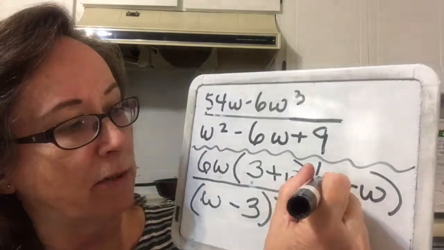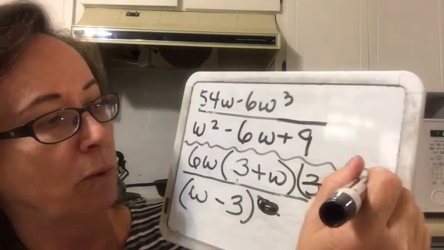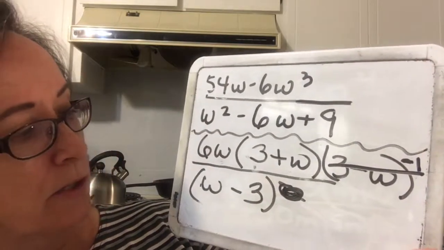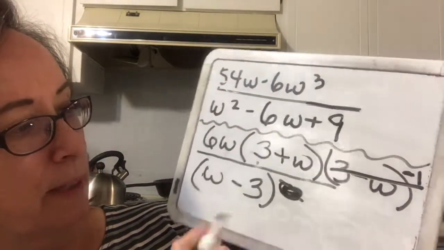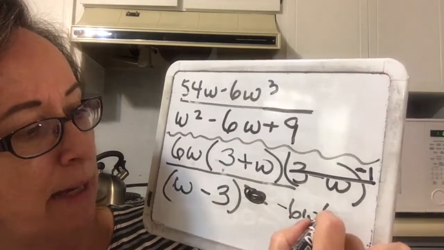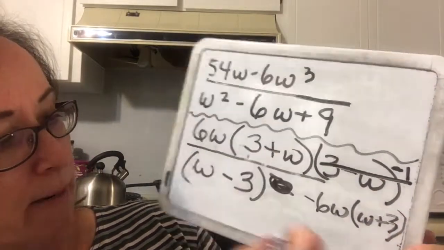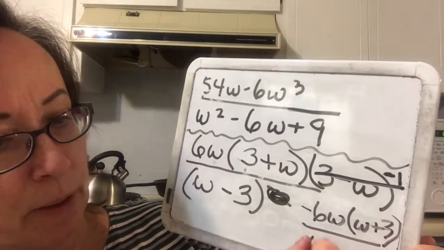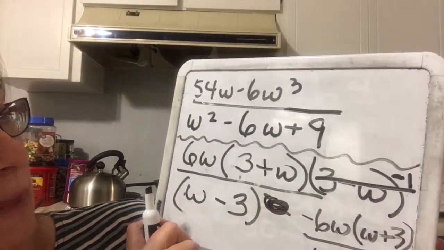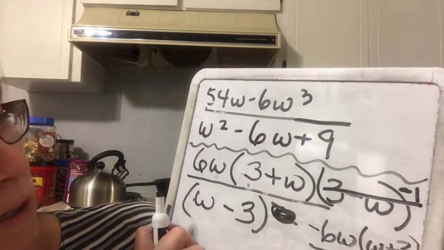So when we cancel this one and one of these, I'll just cancel out the square, we're going to leave a negative 1 up there. So the final answer for this one is going to be negative 6w times w plus 3, no harm in turning that one around, divided by w minus 3. And that should be the correct answer on that one.